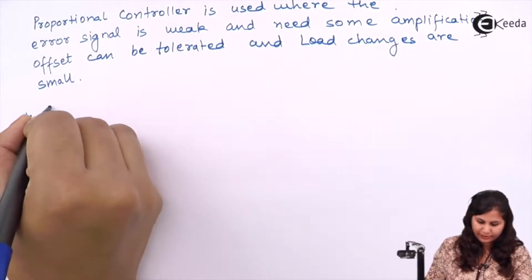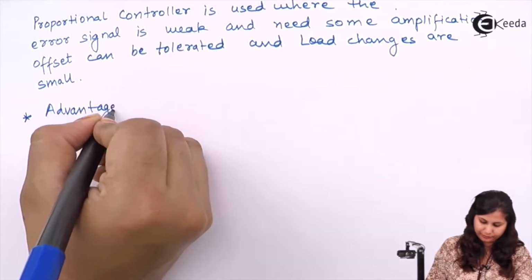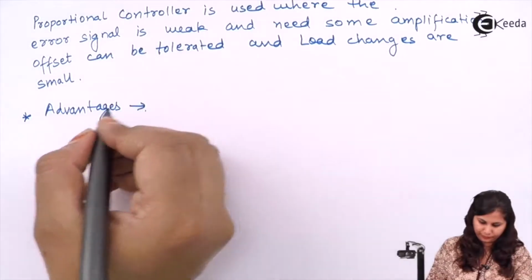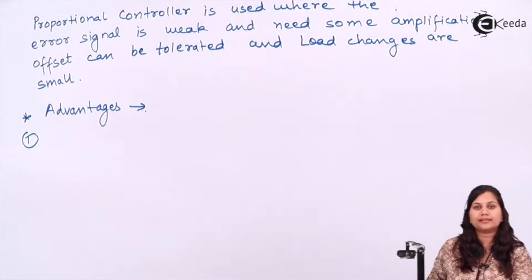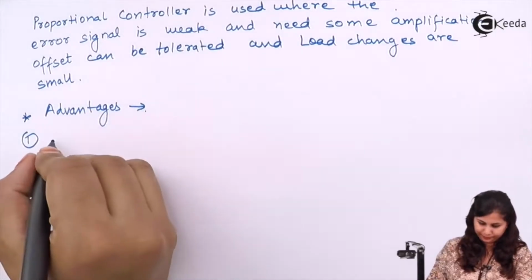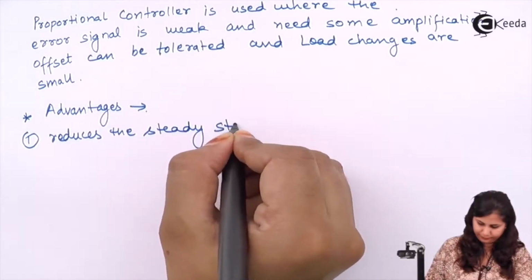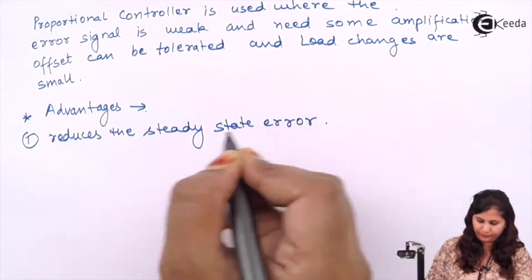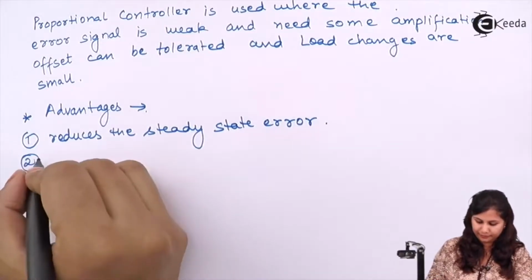Now the advantages of the proportional controller. First advantage is that it reduces the steady state error. Also, it makes the response of the system faster.